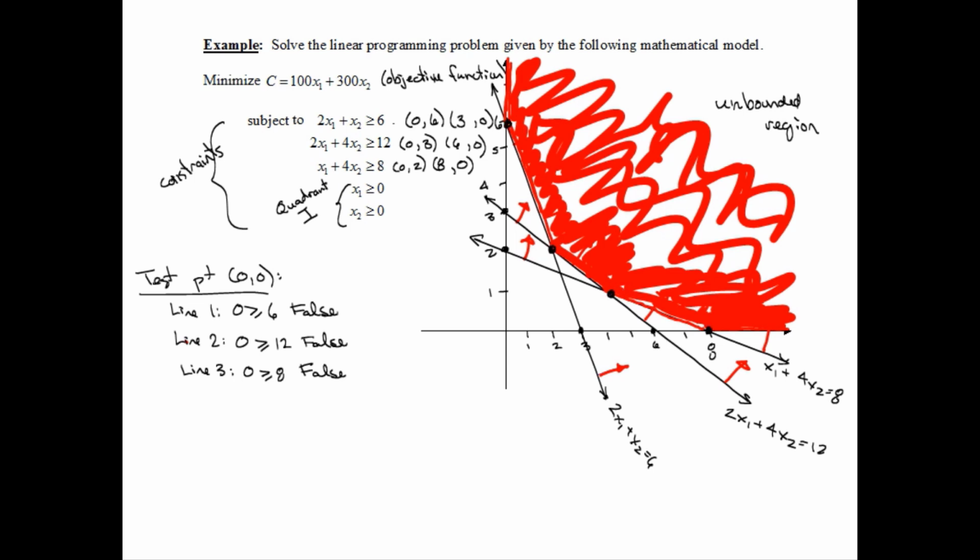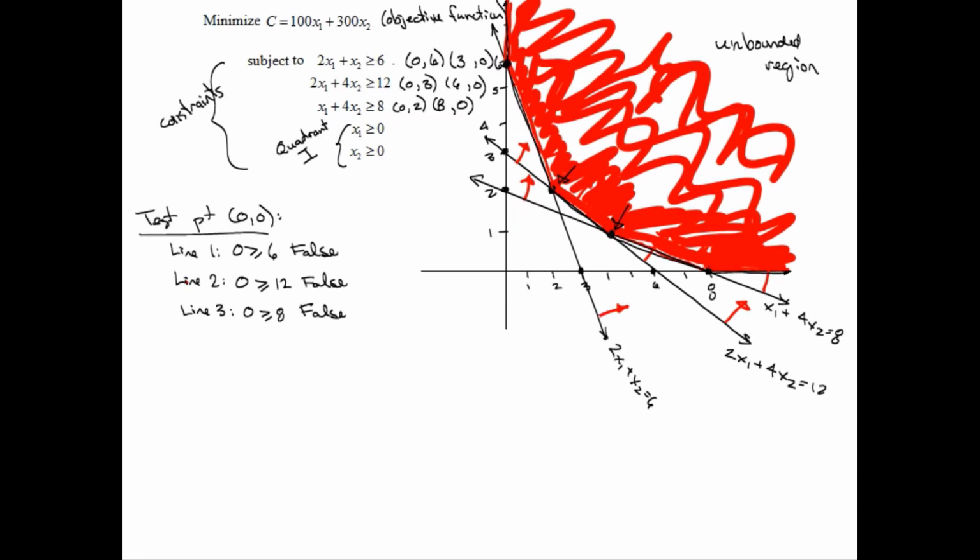There's probably going to be some, very likely, that you can just pull off the graph easily. This one's easy, that's 8, 0. This one's easy, that's 0, 6.